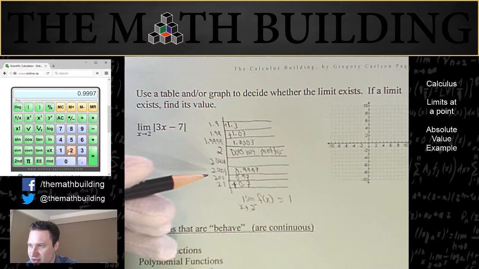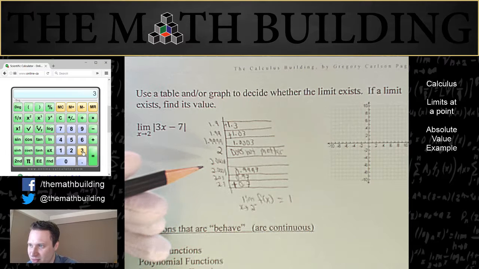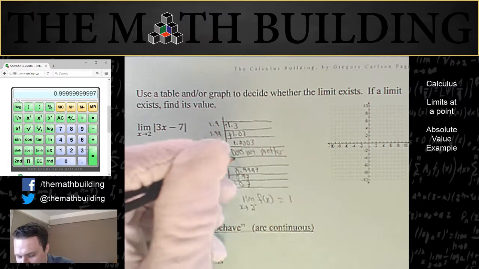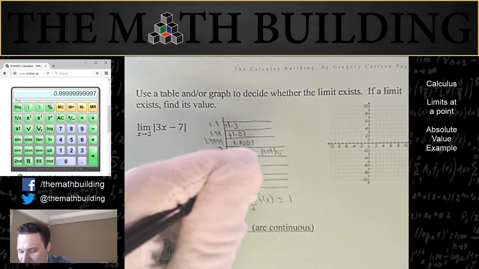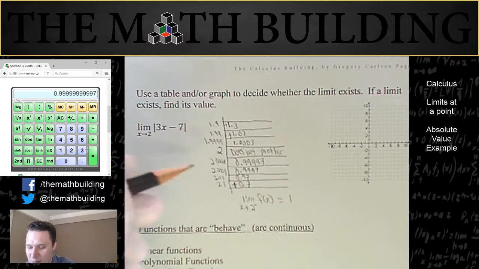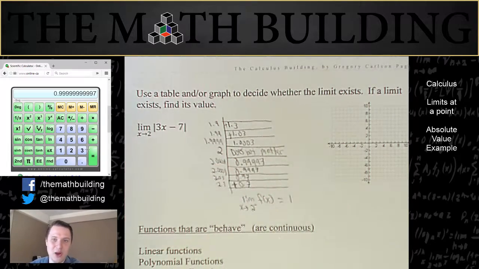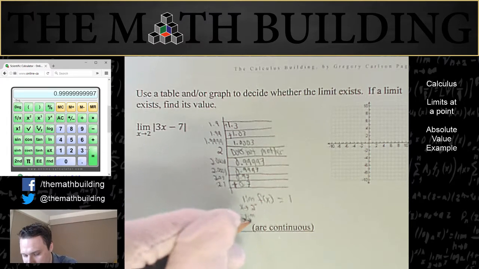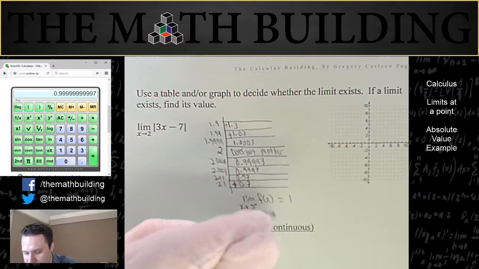So let's try 2.000001, a little bit higher than 2, times 3 minus 7. And turn that positive thanks to the absolute value. It's going to be 0.999997. So you get the idea. We're getting closer and closer and closer to 1 from the positive side as well.